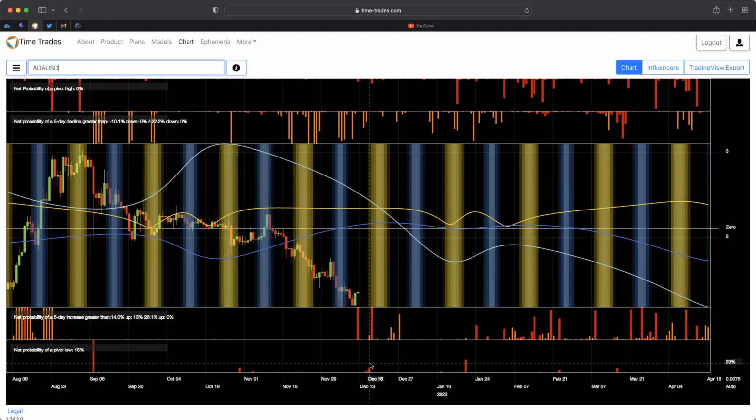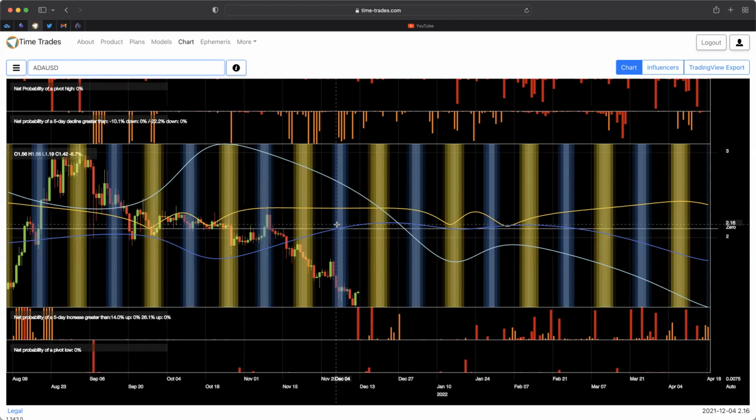Okay, so this is a very nice little setup into what could be a significant low on the 16th. Again, Cardano also showed the similar big move that Bitcoin did on December 4th when the dark blue short-term wave crossed zero.